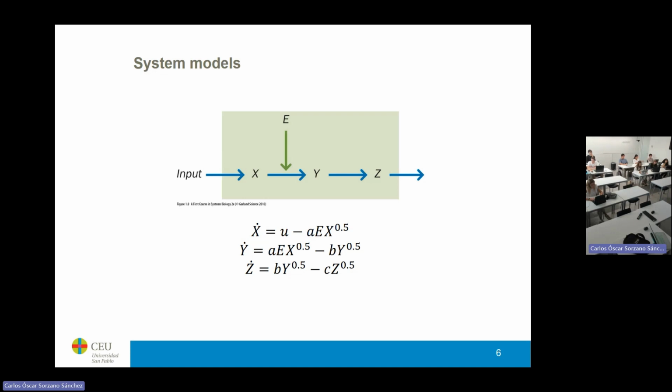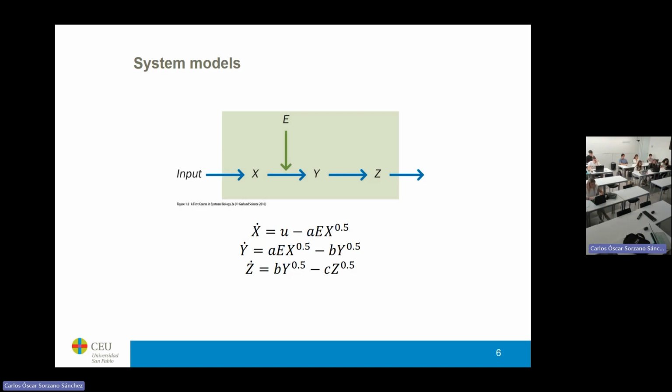And then here is the model. This is the kind of models that we will write. This is the derivative of X, so the change in X over time is a function of the input U minus some coefficient times E times X to the 0.5 power. Why this?